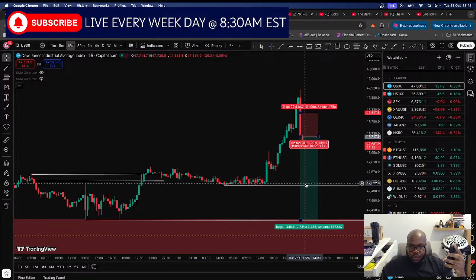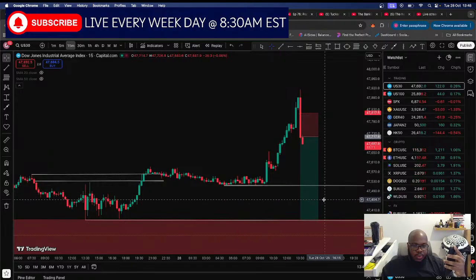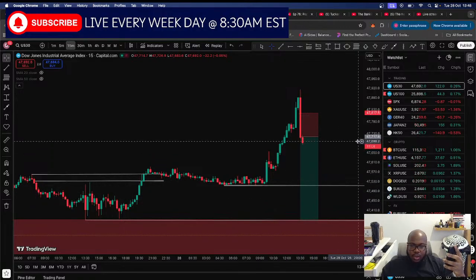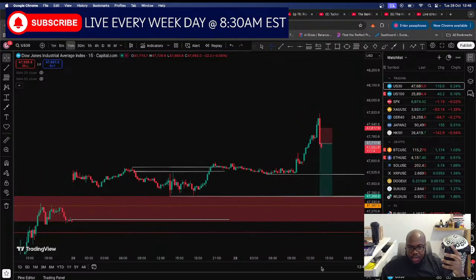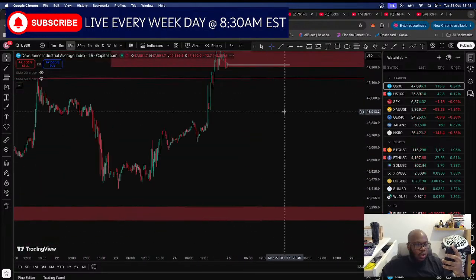The first level we'll watch is our London session low. That's where we should get to. That should be the most likely target for the day. And then after that, we can start looking at our lower levels.